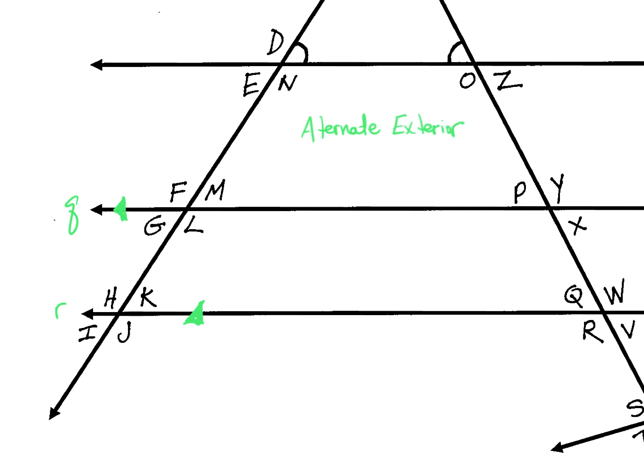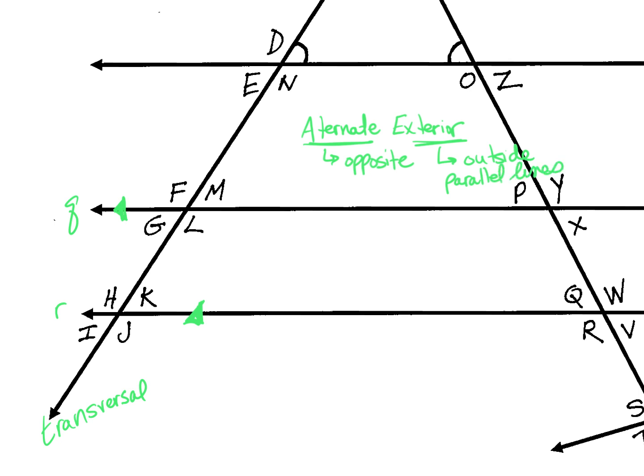The first name tells us where on the transversal the angles sit. Remember, this line here is the transversal. Alternate means opposite, and exterior means outside the parallel lines.